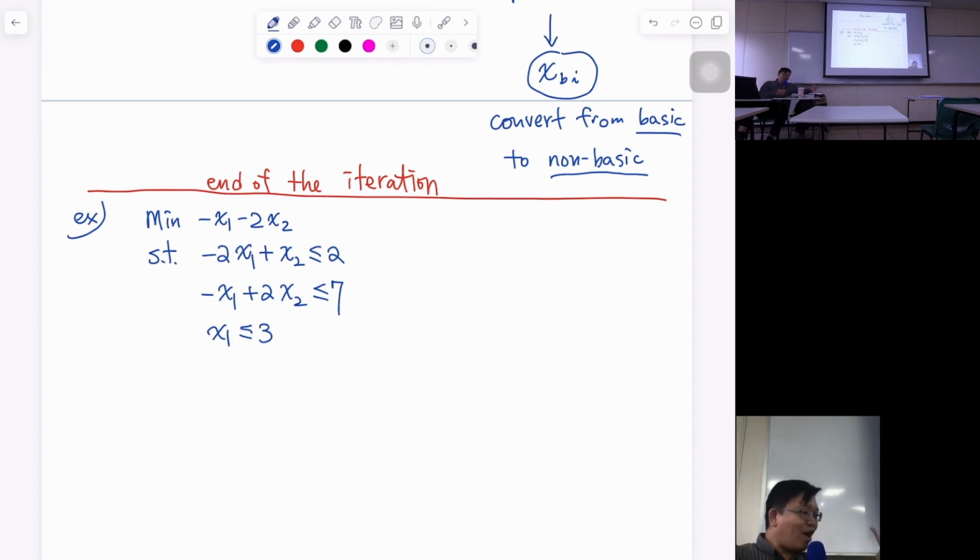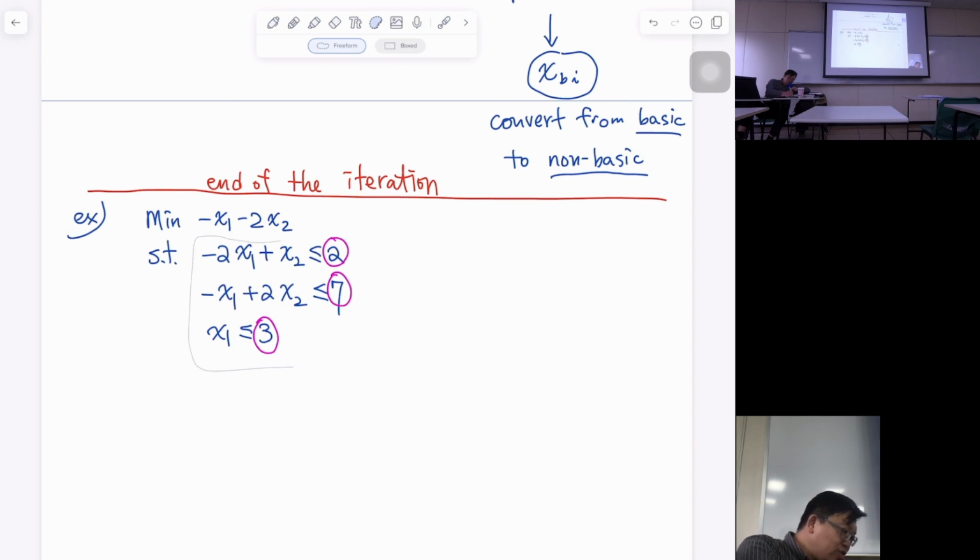First, let's check the right-hand side of all the inequality constraints. They're all positive, which is good, so we don't need to multiply by negative 1. But they are all inequality constraints. We need to convert them into equality ones. In this case, we will put in slack variables.